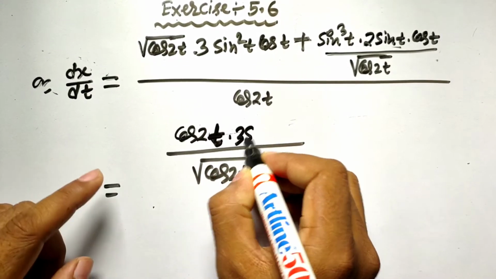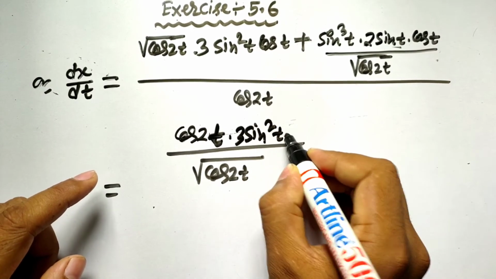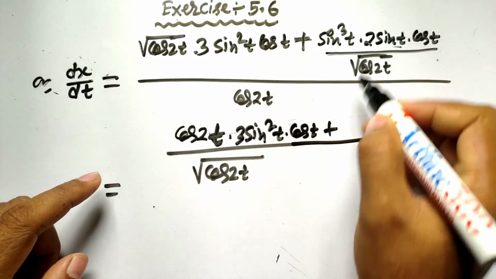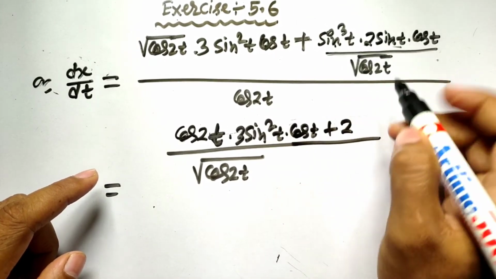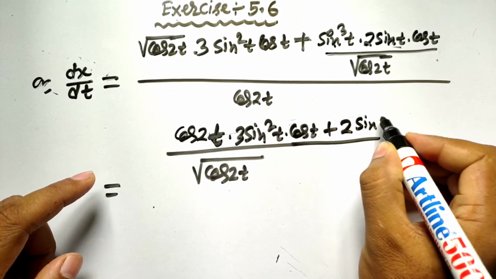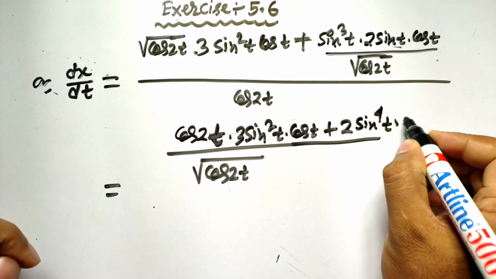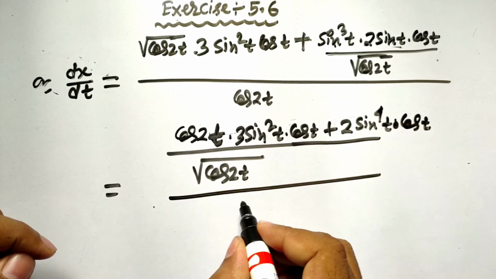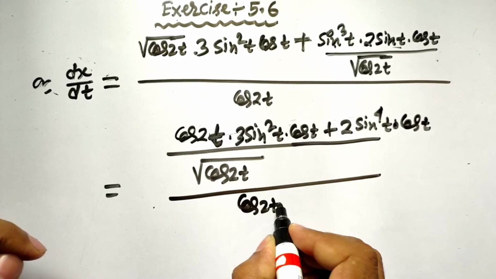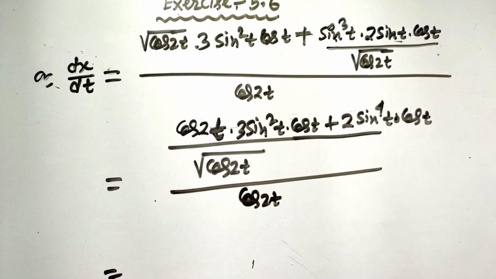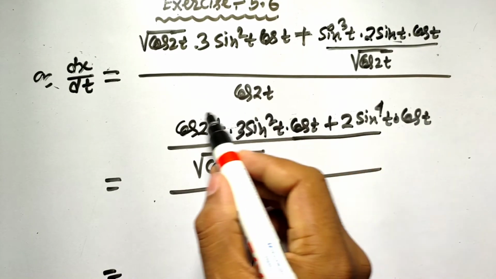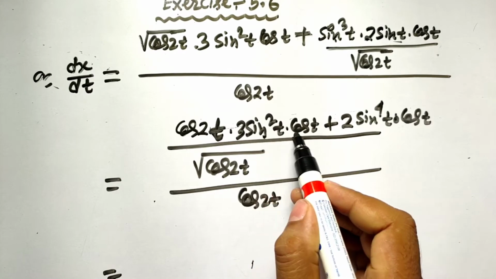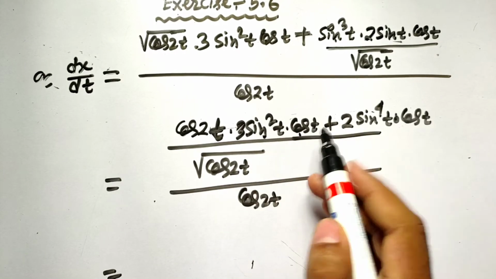Into 3 sin square t into cos t plus 2 sin t into sin cube t, that is sin to the power 4t into cos t, whole divided by cos 2t. Next, you can take common sin square t cos t from the numerator.